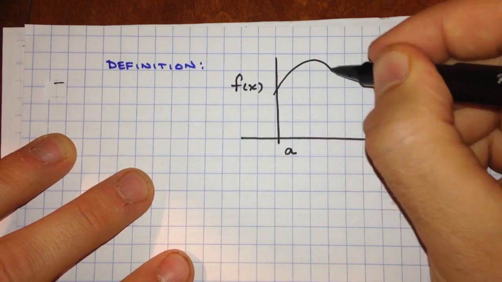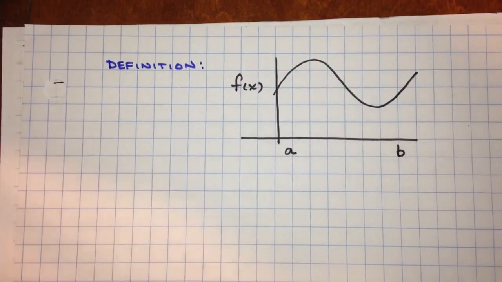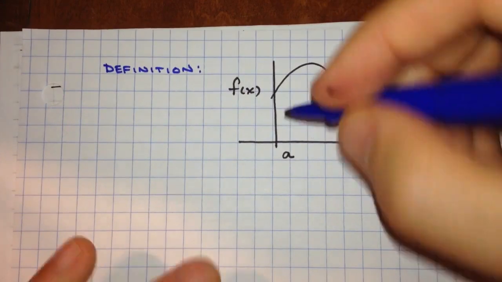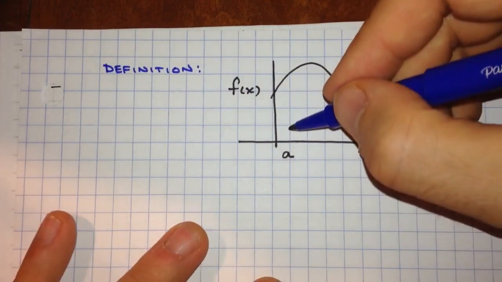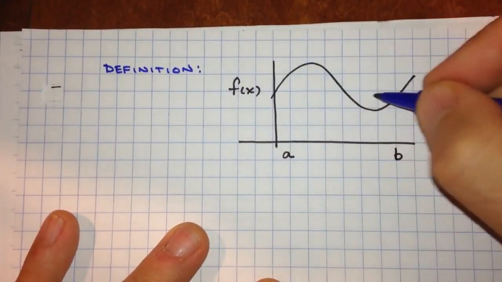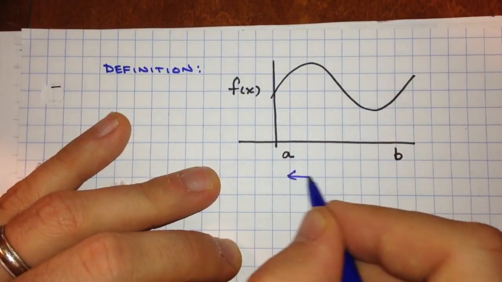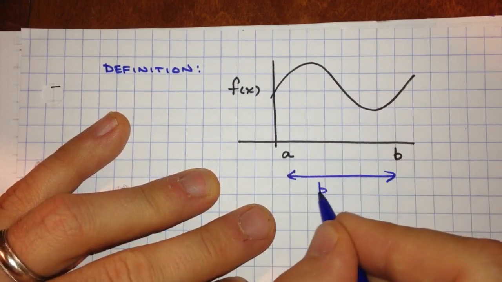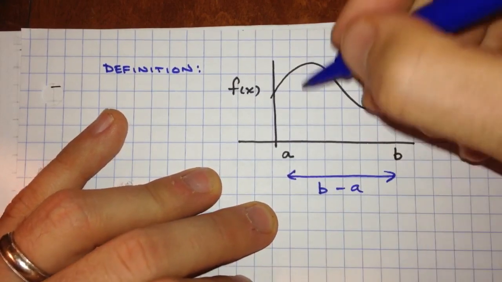It's going up and it's going down, and maybe it's even going back up. The definite integral is a way of calculating a product, and that product is going to be the product of f of x and the change from A to B. Now the change from A to B is given by B minus A.